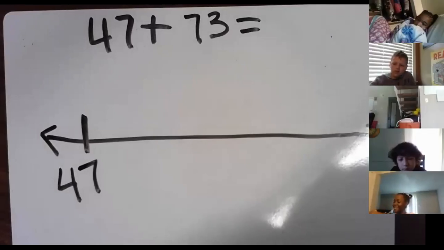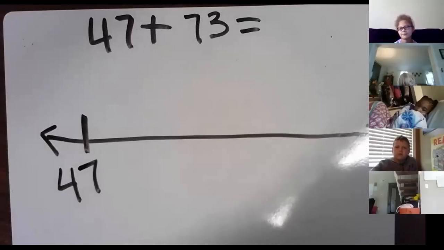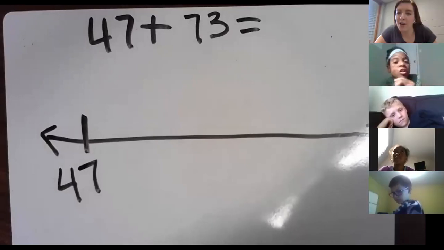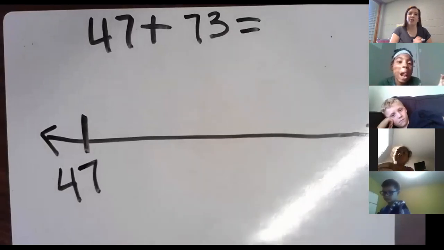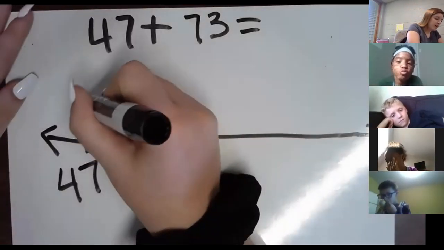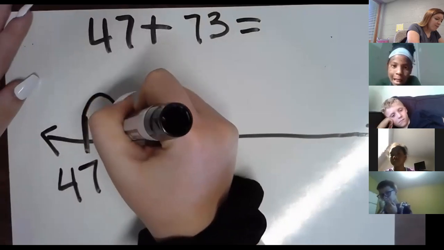Anyone have an idea? All right, since no one has an idea, I'm going to go ahead and just jump by 10, even though that's going to take me a little bit. That's all right. So I'm going to show how much I'm adding by.